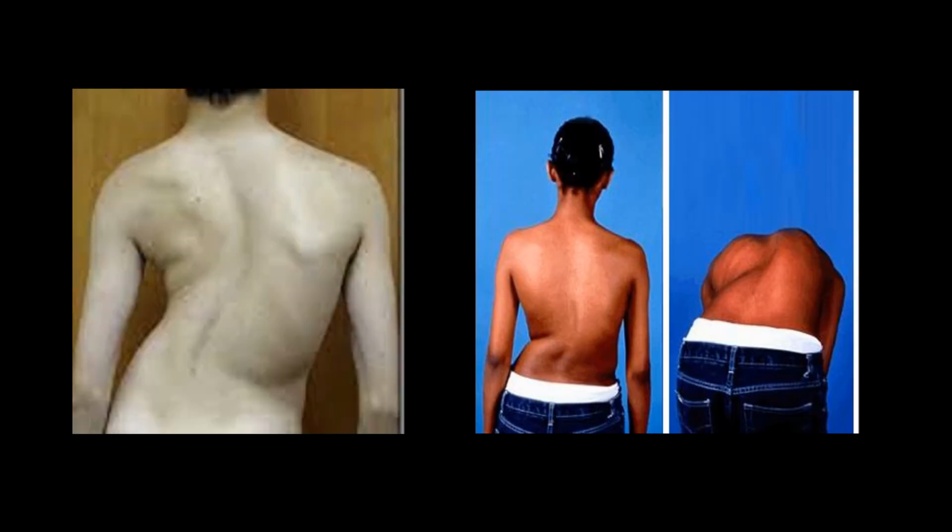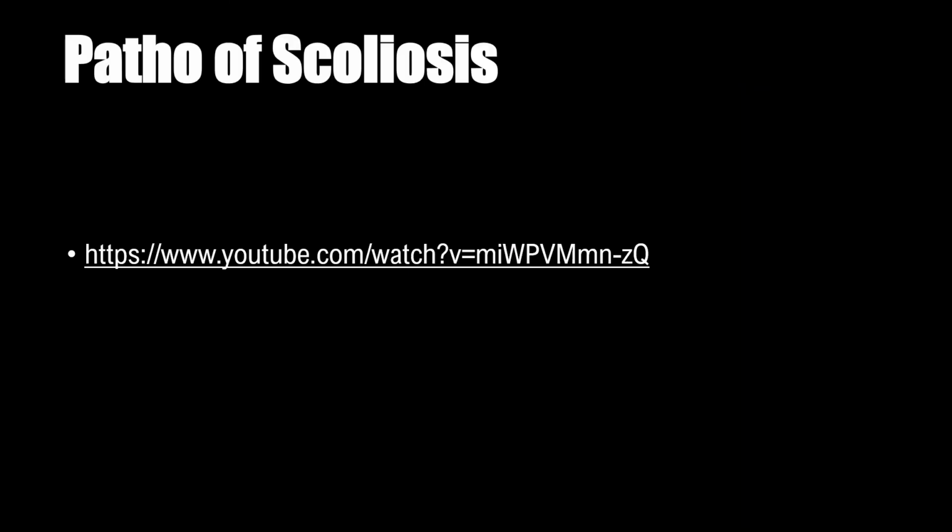And here's just a picture of pretty severe scoliosis. And noted on the right-hand side, when the patient does bend over, when they have scoliosis, that one side of the ribs really elevates itself. And this is a nice video on the pathophysiology of scoliosis.